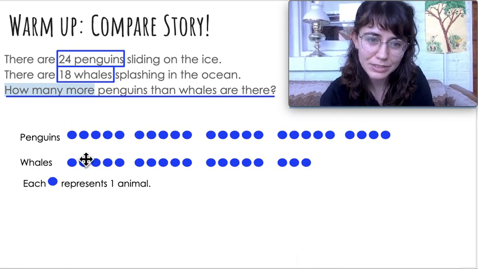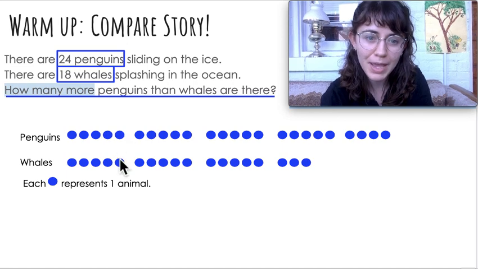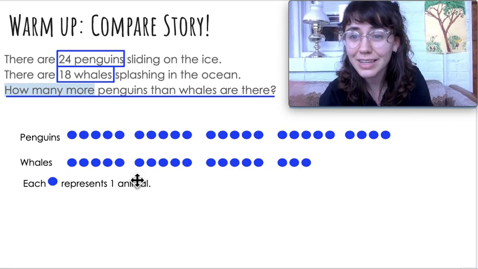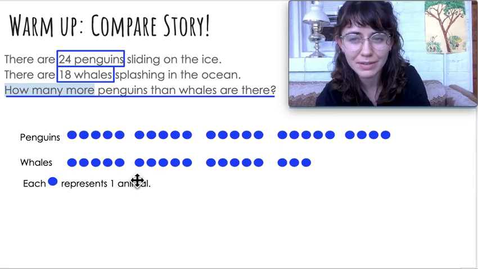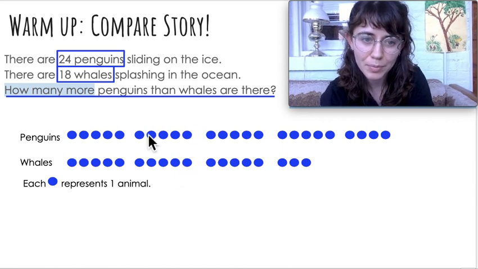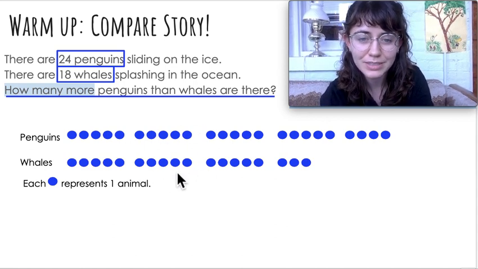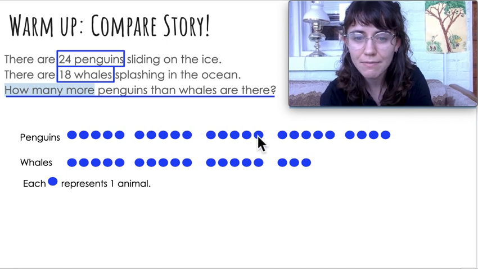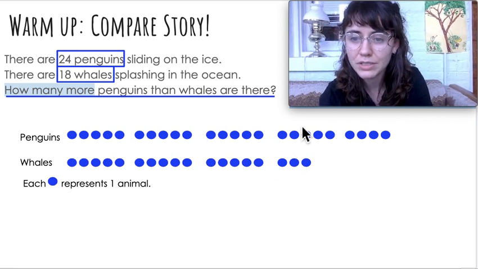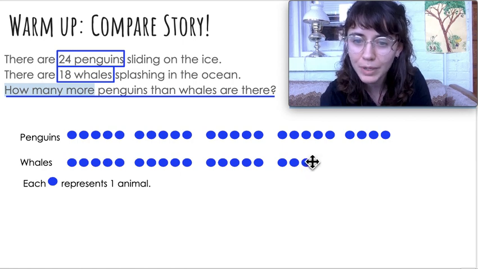So what I like about this drawing is I see that there's a group of 5 penguins and a group of 5 whales. Because those are the same, we can kind of think of them canceling out. So here's another group of 5 penguins, another group of 5 whales. It's the same, let's keep going. 5 penguins, 5 whales. And then when we get up here, we've got 1, 2, 3 penguins, 1, 2, 3 whales.